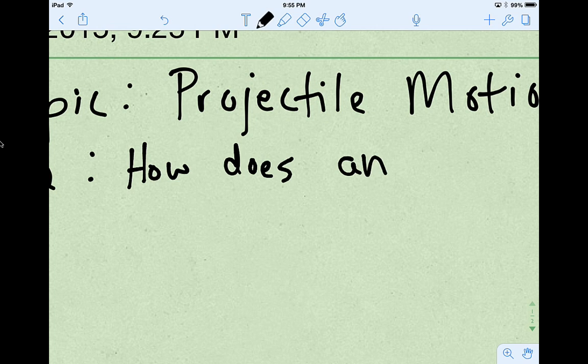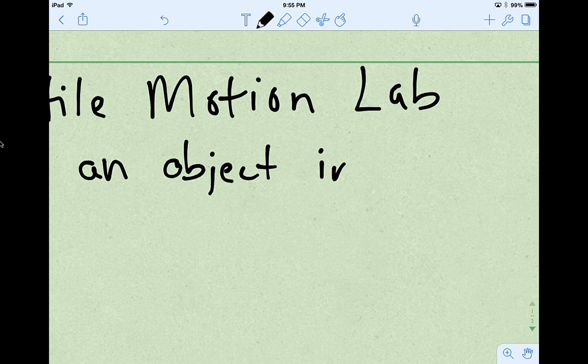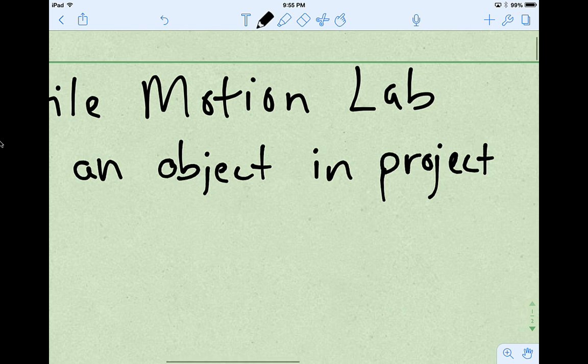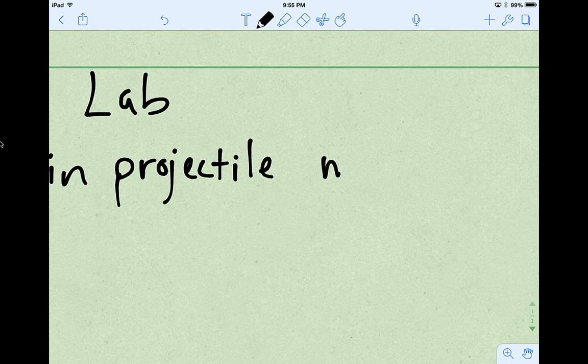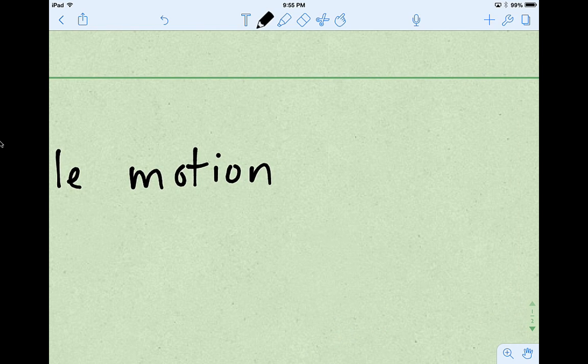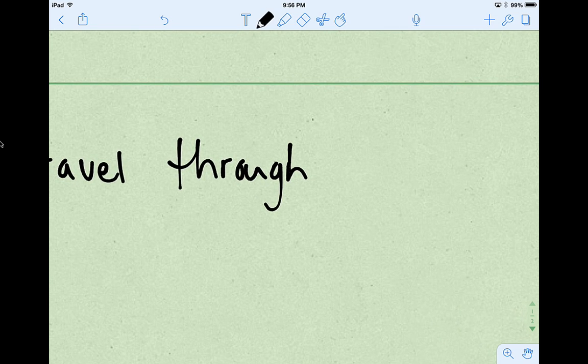How does an object in projectile motion travel through the air?